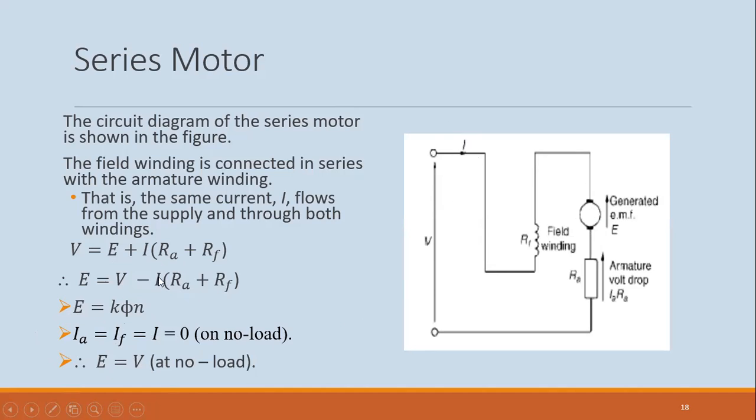So I is equal to 0, but E is equal to V minus all of that. All of this here becomes 0, so E is still equal to V at no load. And that is due to a residual flux in the machine from previous operation.